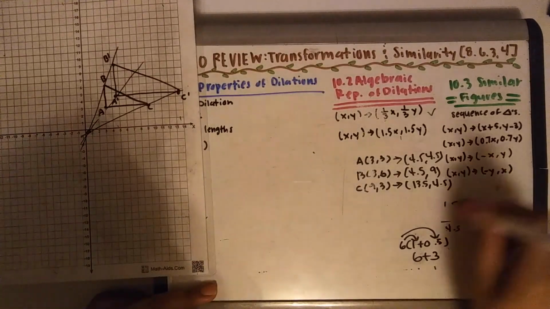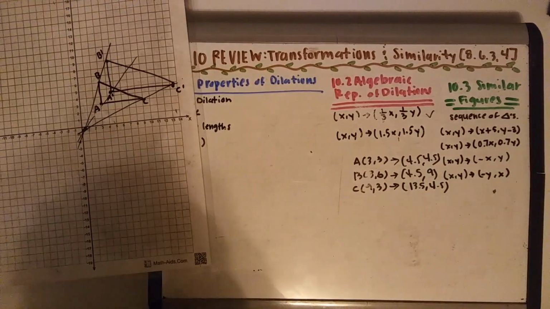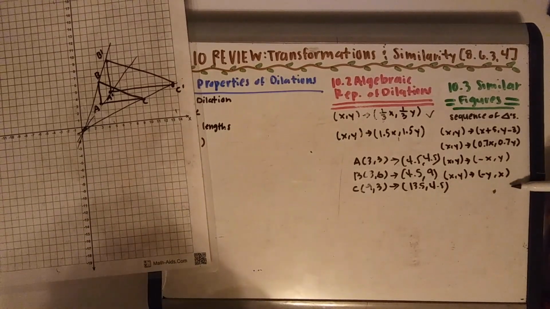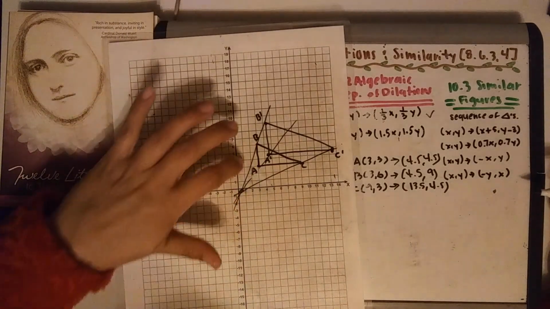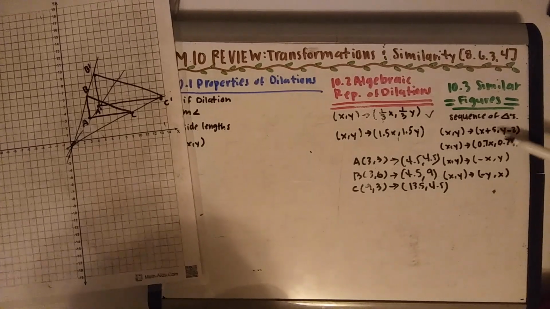Last one, we're gonna do similar figures by doing sequence of transformations. So sometimes you're gonna be given this and you're gonna be asked what happened. Otherwise, you're gonna be given the actual shape, so you're gonna have to explain how you can get from this to that, okay? So in this case, let's talk about this one really quick.